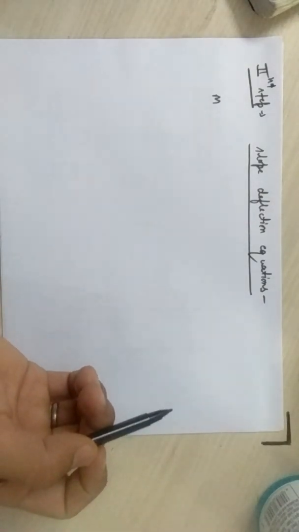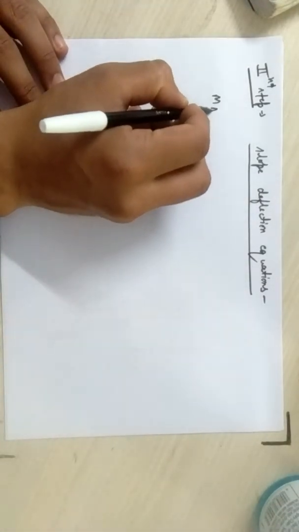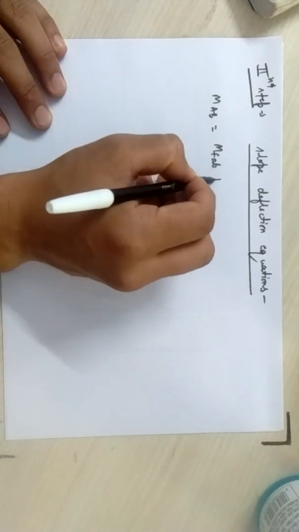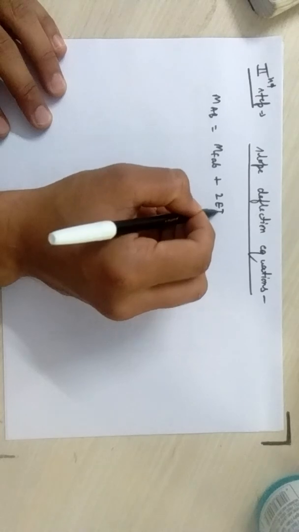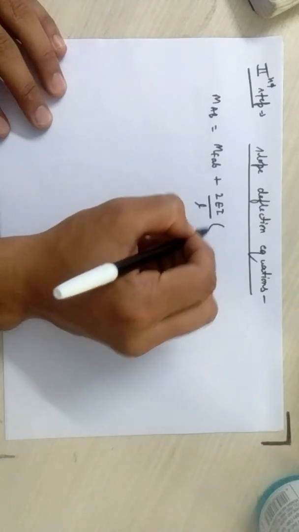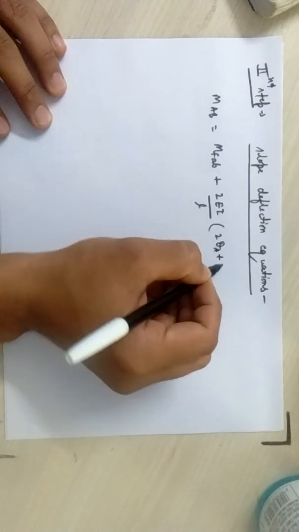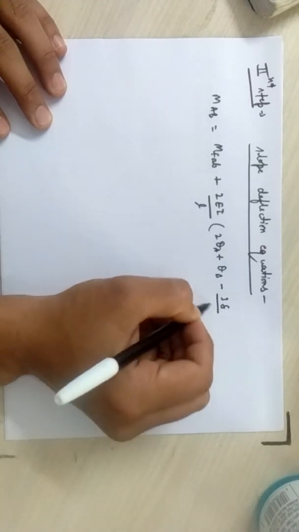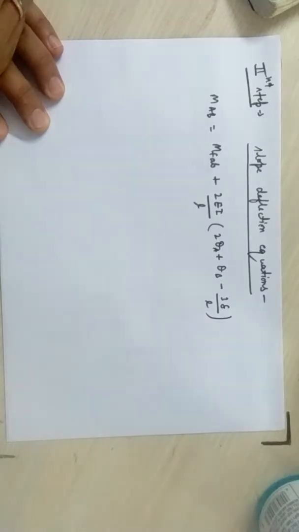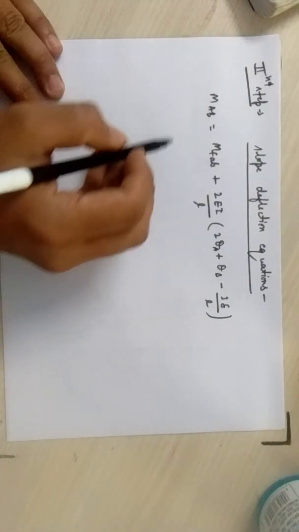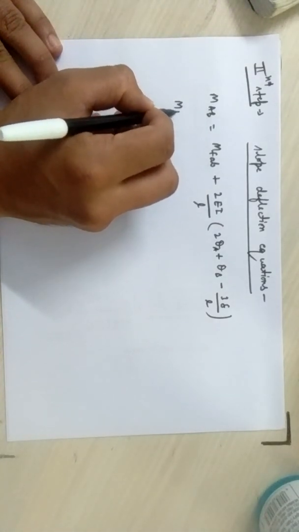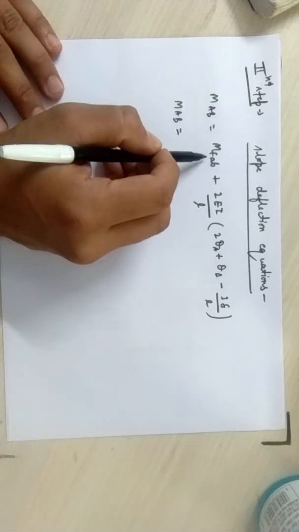So first we will write for AB. So MAB will be equal to MFAB plus 2EI upon L, brackets 2 theta A plus theta B minus 3 delta upon L. Okay, so MAB will be equal to MFAB.